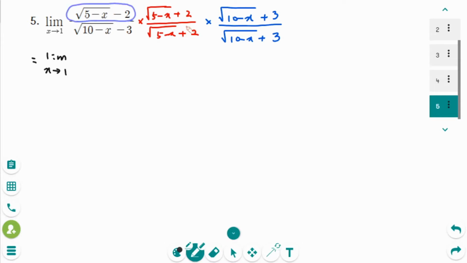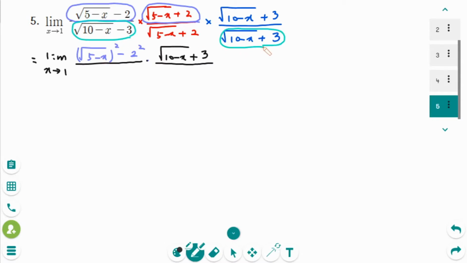Expand these two in the numerator. So square root of 5 minus x squared minus 2 squared, times, keep the last one as is, over, expand these two binomials, square root of 10 minus x squared minus 3 squared, but keep the middle one as is, the square root of 5 minus x plus 2. And then expand.